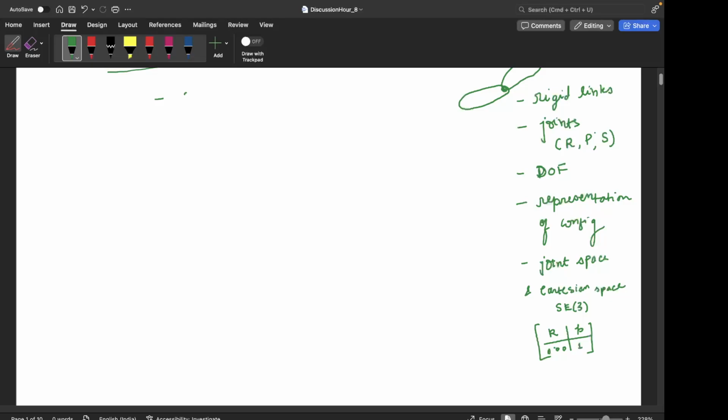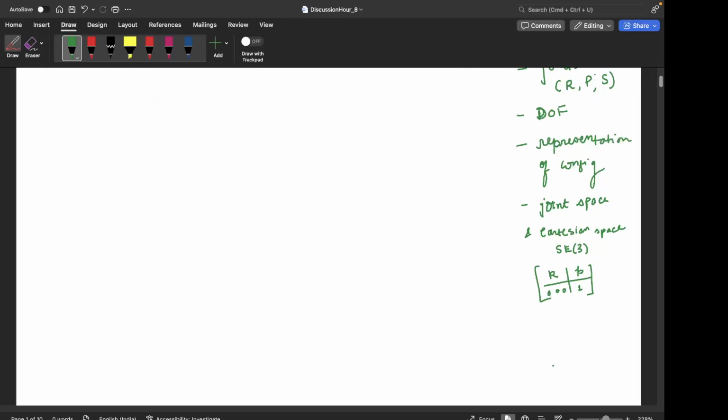Once we are able to describe the configurations, and in the process of describing the configurations, we discussed the conventions of frames. One of the more popular ones is the DH convention, but that is not a rule that cannot be violated.